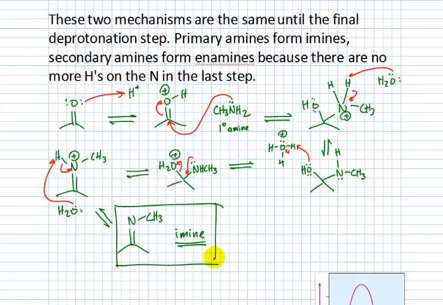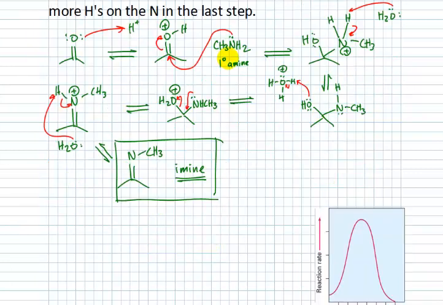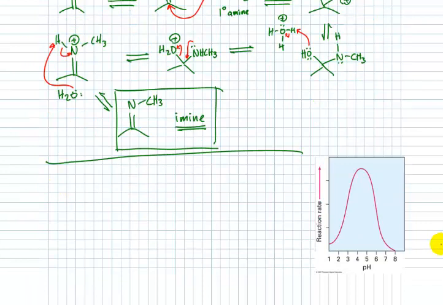Okay. Now, if instead of this primary amine, I had a secondary amine, like dimethylamine, CH3NHCH3, all of this stuff will be the same, except instead of this H on the CH3, I have another CH3 group, right? Let me do a little different color here.